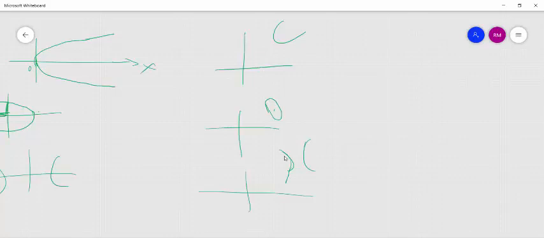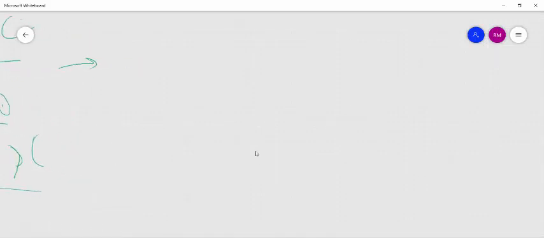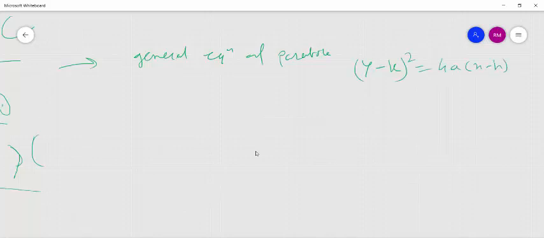So we should talk about the general equation. What may be the general equation? The general equation of a parabola is y minus k whole square equal to 4a times x minus h.